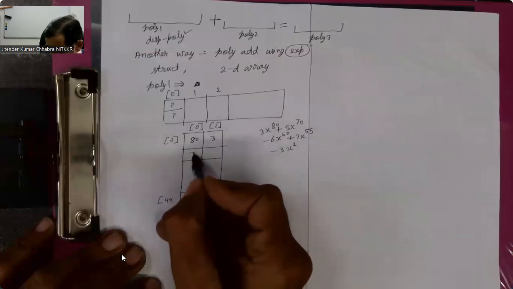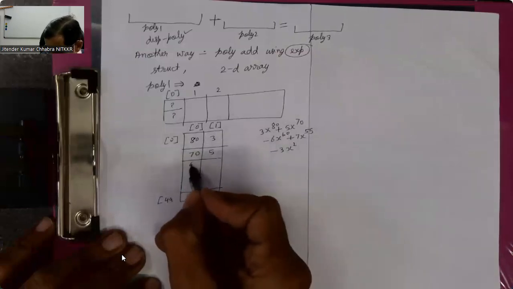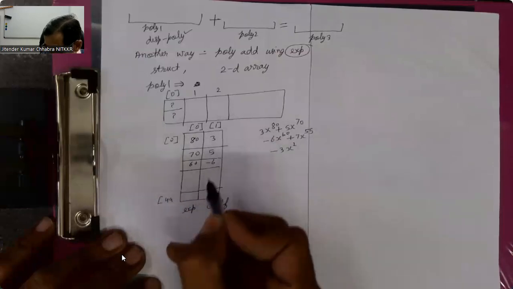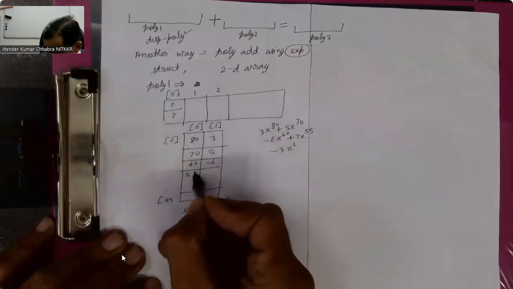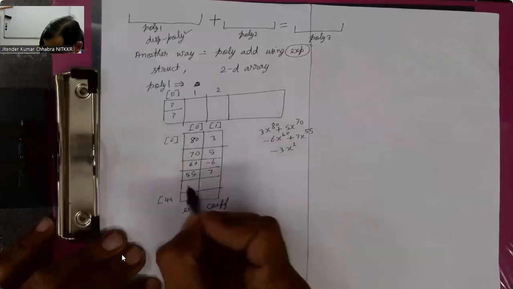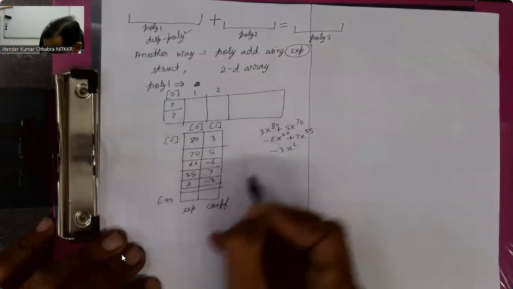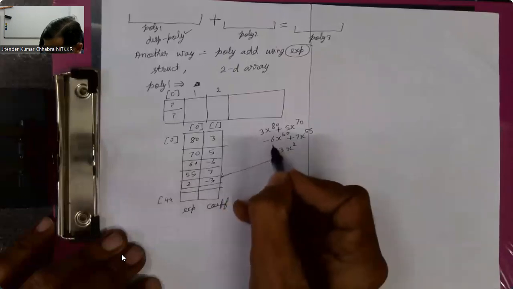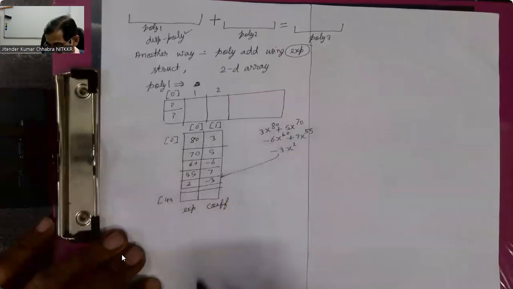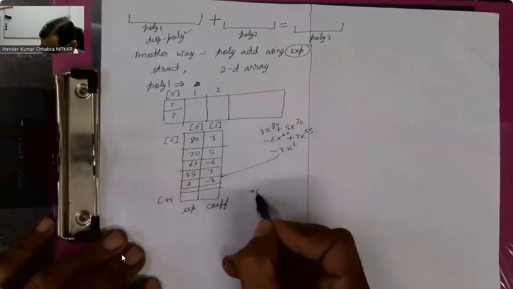Next value, 70 and 5 here. 60 and minus 6 here. 55, 7 here. x squared, 2 and minus 3 here. And like this. But no structure used.